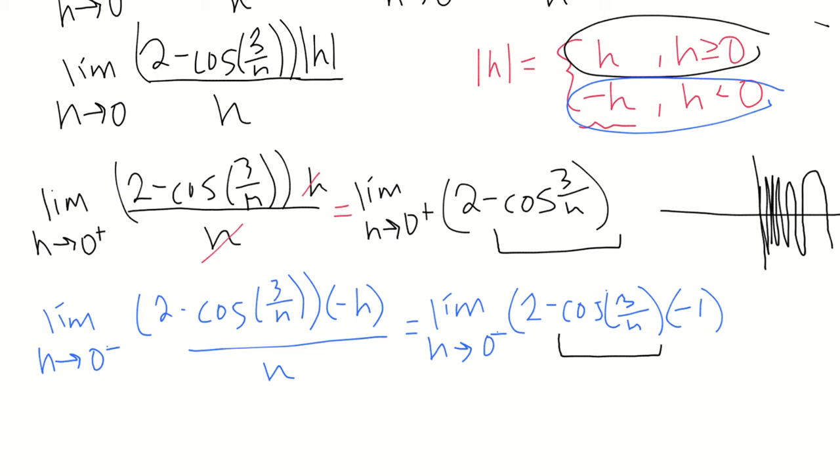And there's nothing pulling it down to 0, so that limit does not exist. So this limit here, as well as this limit here, both of those limits do not exist because there's nothing pulling the cosine 3 over h graph down to 0. That's kind of the reasoning behind it.